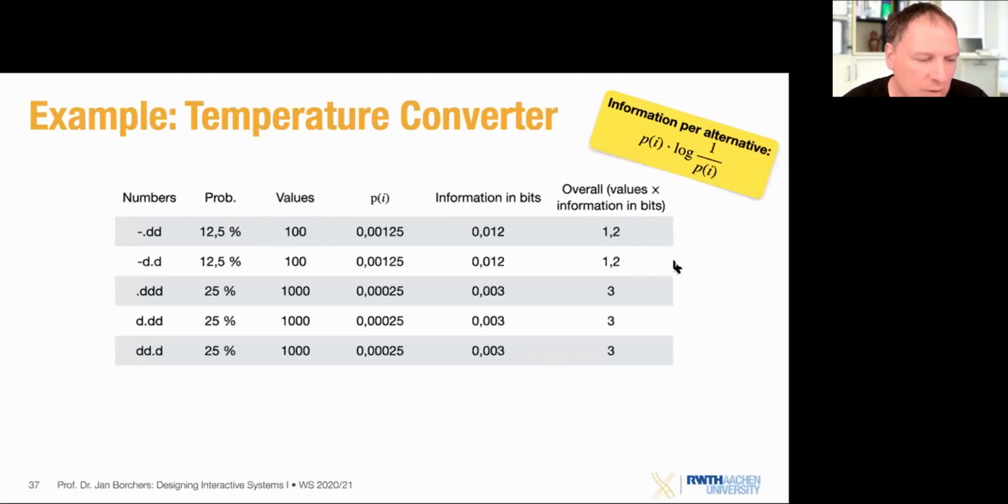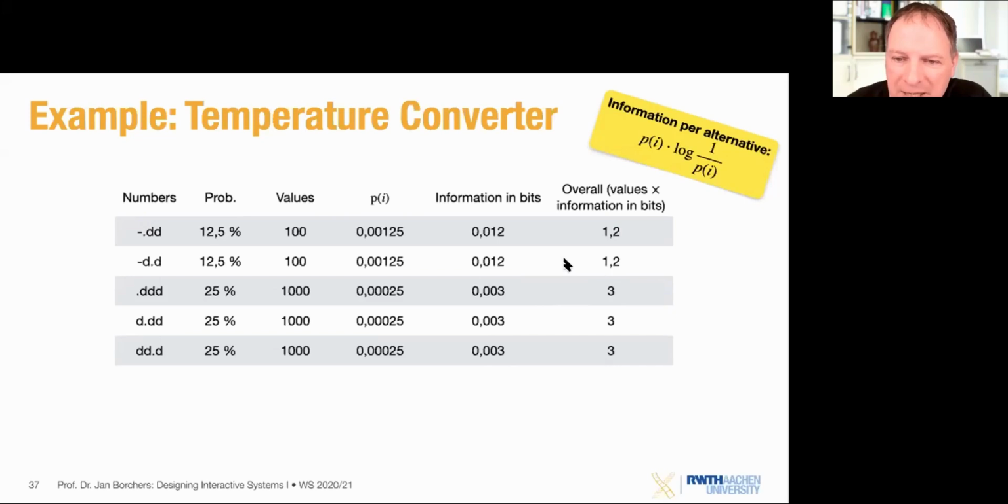Similarly for the next row, these others have 1,000 different values, but each has 0.003 bits of information. That adds up to 1,000 times 0.003, which is 3 bits. Only by doing this somewhat convoluted calculation can you get to these numbers: by breaking it down into how likely every single individual input sequence is and how much information in bits that therefore conveys, and then adding things back up.